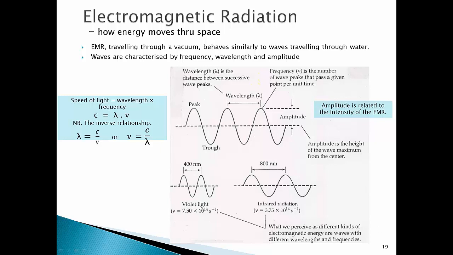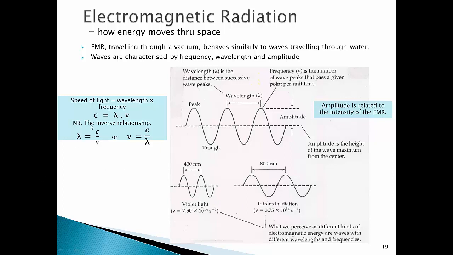Violet light, purple light, has a wavelength of 400 nanometers. We know that from what we've talked about in transition metals, where we had our wheel of colors. Whereas infrared radiation is 800 nanometers. So we've got different wavelengths for different kinds of energy waves.